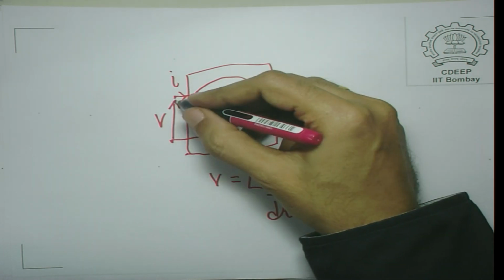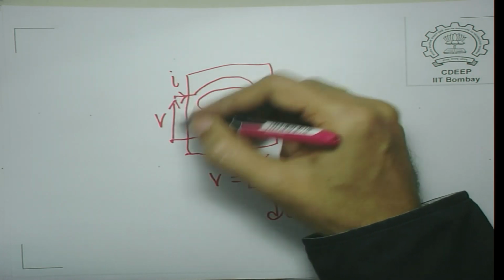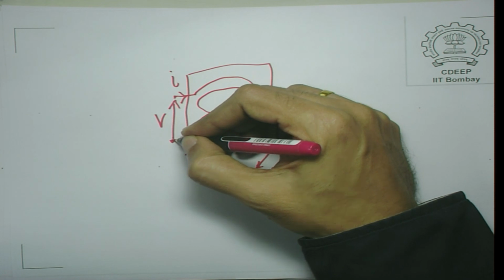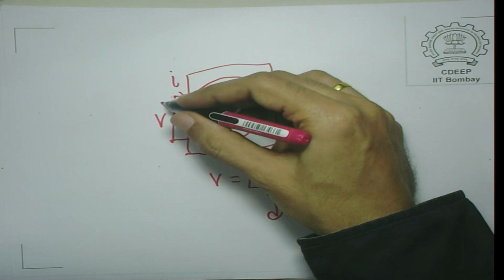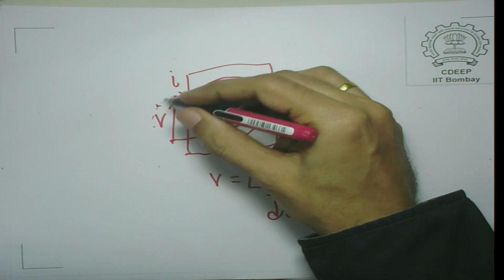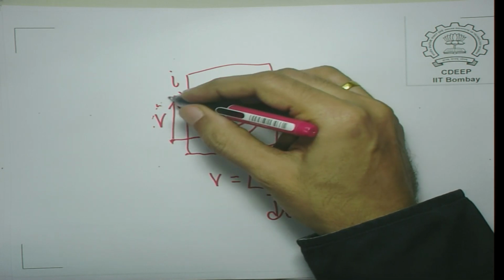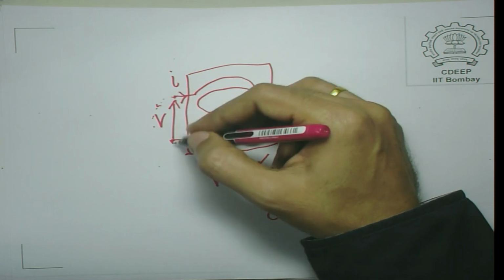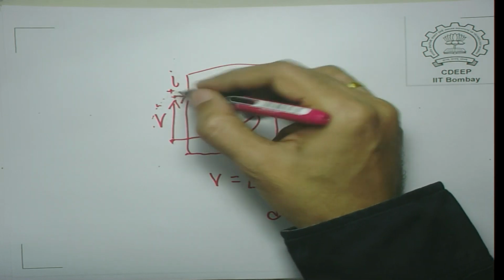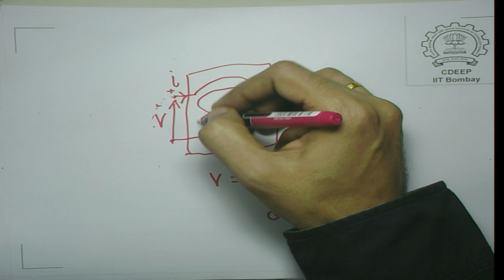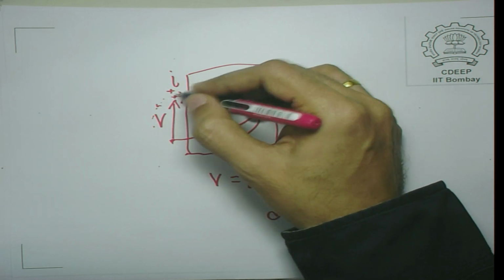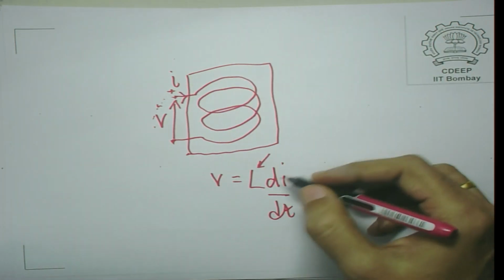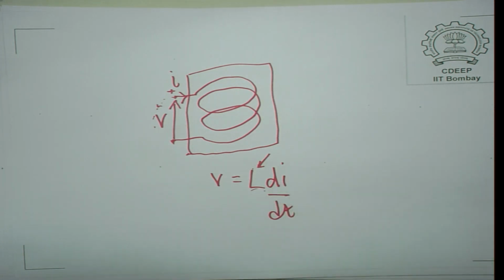This arrow on top means this potential with respect to this potential, or the electrical field E dot dl is measured from this point to this point. So, this is called the voltage here, or we can say V is the voltage drop in the inductor in the direction of the current, and this L turns out to be a positive number.